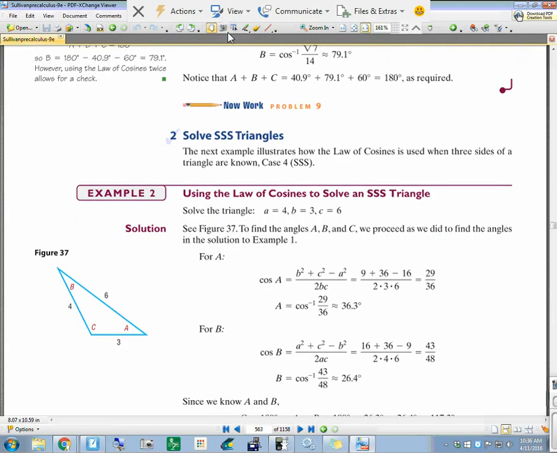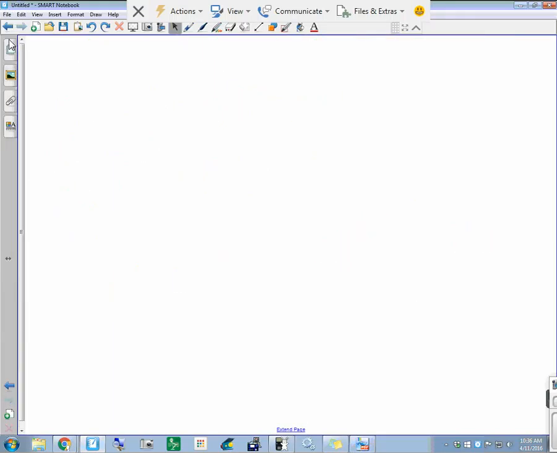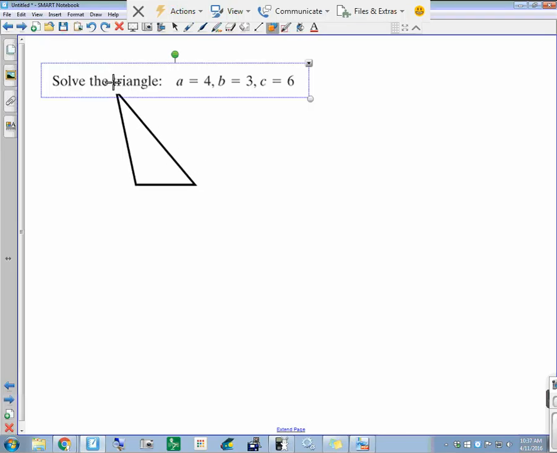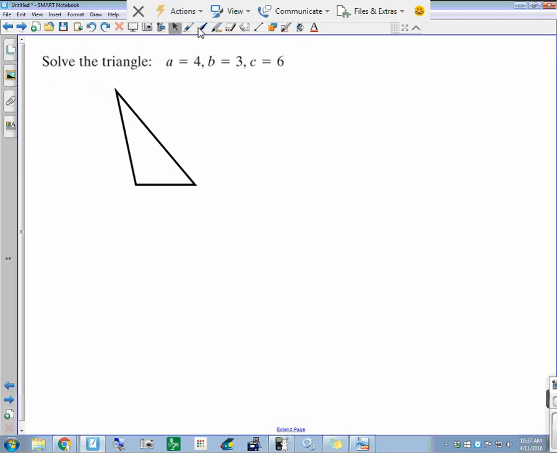Got that. So go back here. Triangle. That's not what I wanted. Boom. So let's see. So that's going to be 3, that's going to be 4, and that's going to be 6.